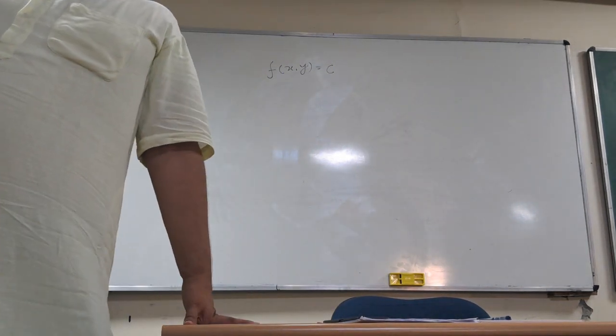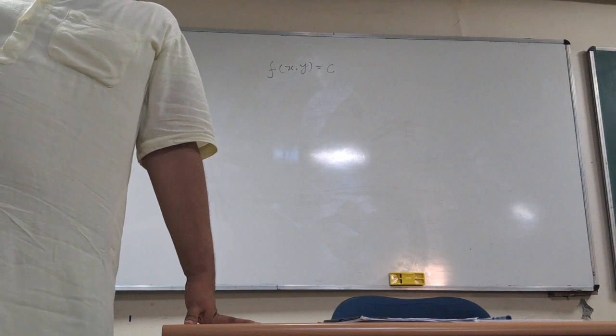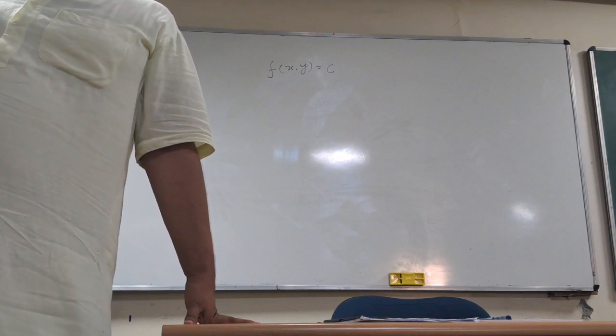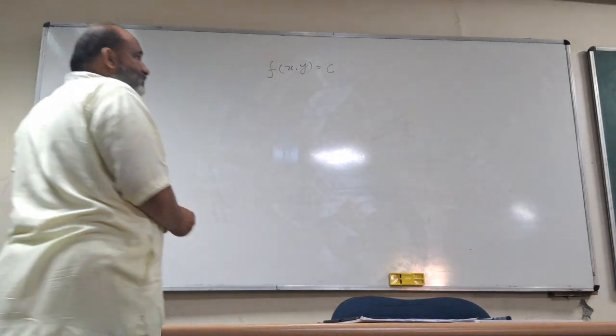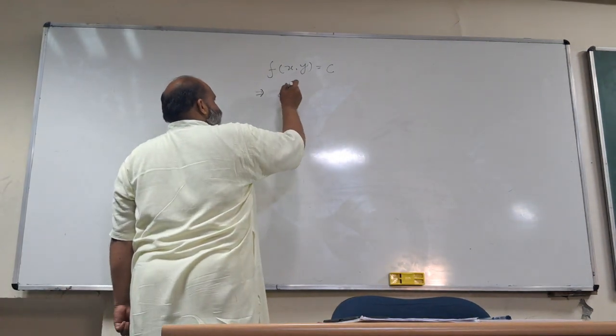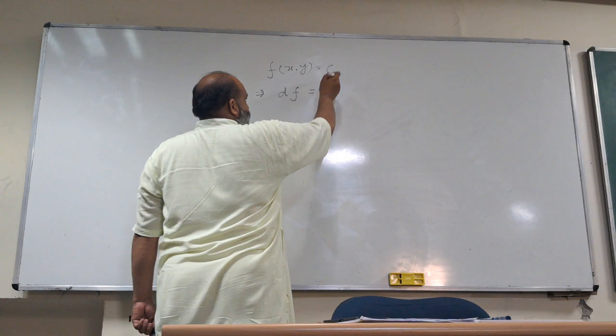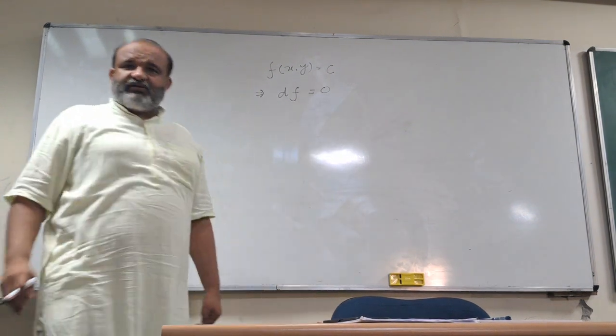Is it okay? So let me introduce, or that has been already introduced, the concept of total differential. Then df is always equal to 0 because c is a constant.